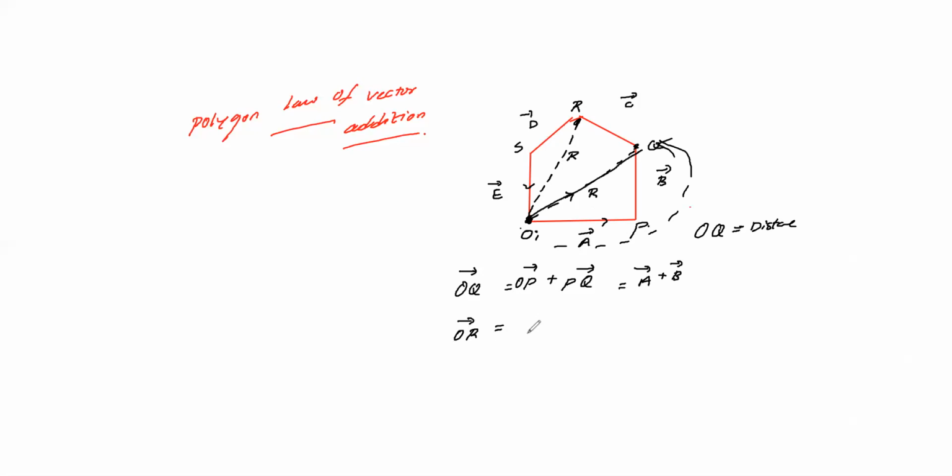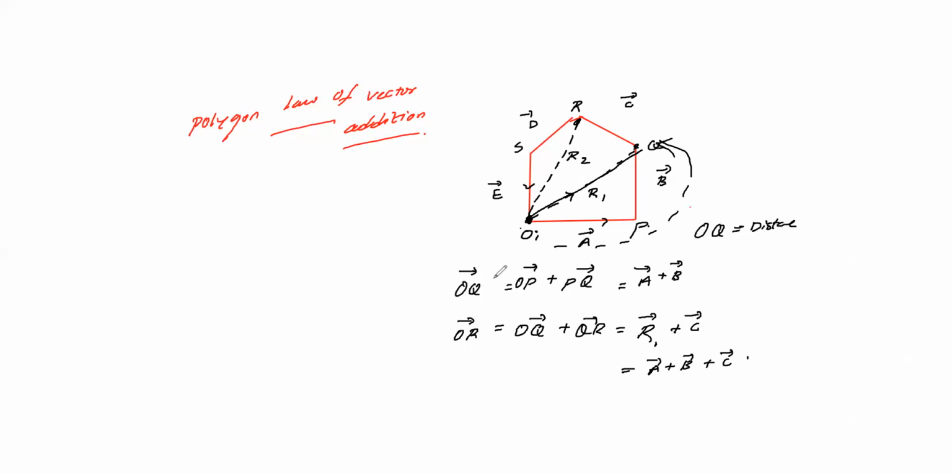So OR vector is your OQ vector plus your QR vector. OQ vector is nothing but your R1, and this one I'll take as R2. So it is R1 vector plus your C vector, where R1 vector is your A vector plus B vector. So this is your relation.